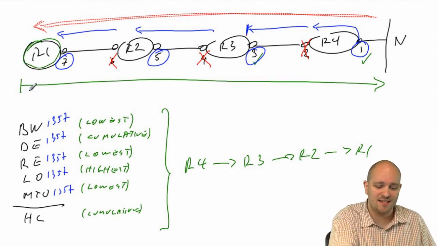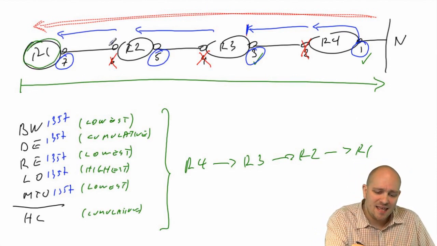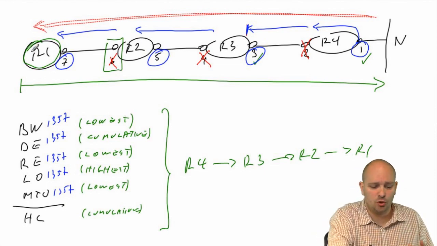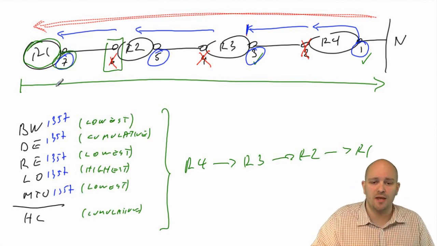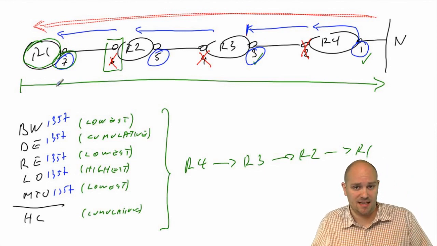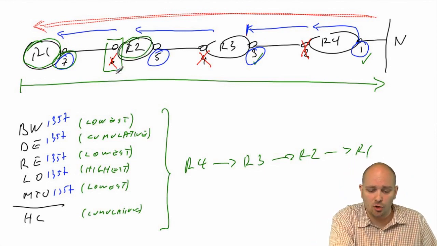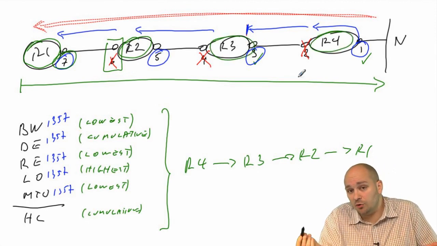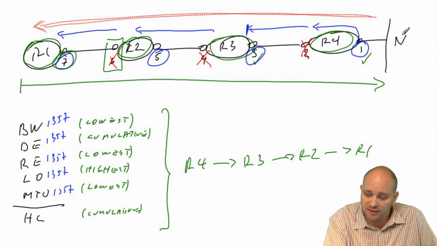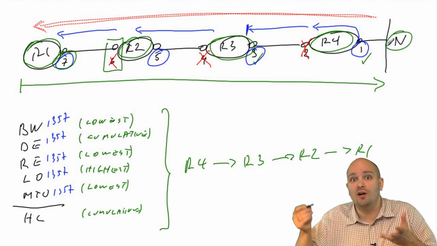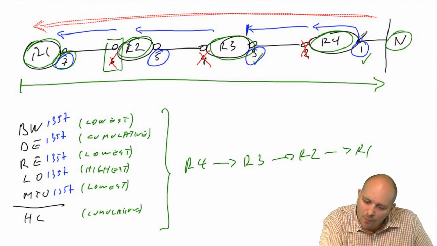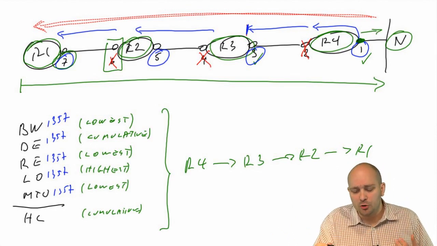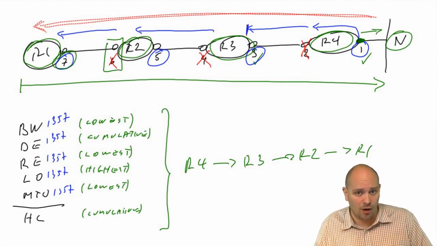So if R1 has traffic to send, is information on R6 in any way relevant to R1, or is it the information on R7 that is actually relevant? Same thing goes for R2, same thing goes for R3, and finally same thing goes for R4. We don't care what some fictional cost on devices on the network end is. We care about what is our own cost, what is our own metric to actually send this traffic out of this interface.